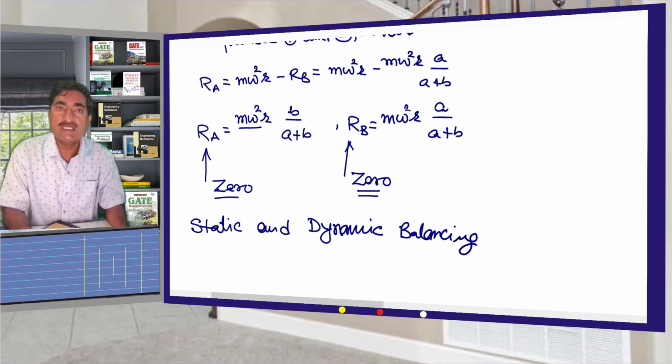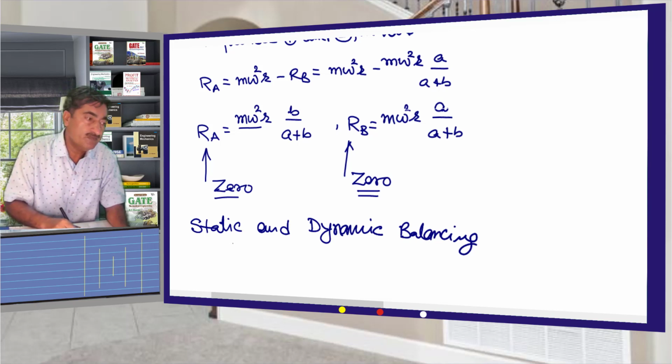Connecting the masses in such a way that the bending moment is made to vanish will result in a situation where the shaft will not vibrate. The balancing when only the centers of gravity of the attached mass system lie on the axis of rotation is known as static balancing.